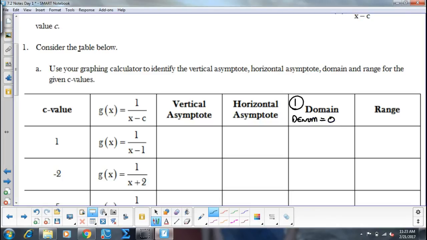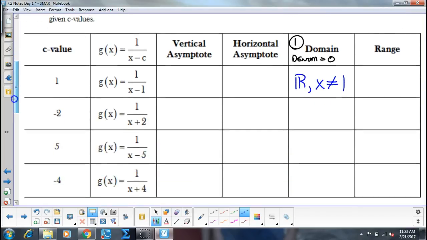Okay? So it's what makes the denominator equal to 0. So in this first one, what makes the denominator equal to 0? 1. So this is all real numbers with the exception x cannot equal +1.